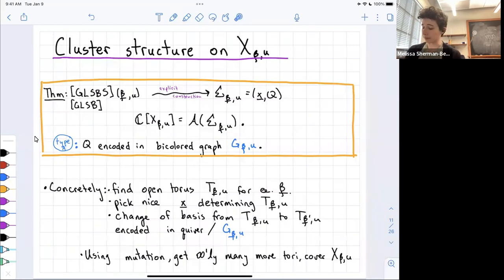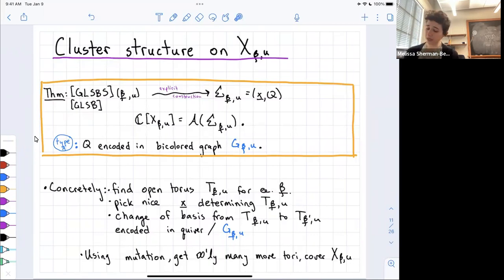Okay, so what I will tell you about today concretely is for each braid word beta underline, I'll find you an open torus sitting inside of the braid variety. And then I'll tell you how to pick this nice basis of characters for the torus for each one of them.